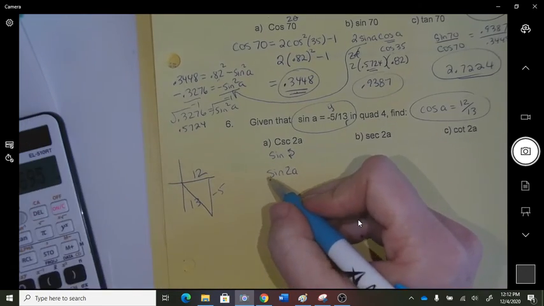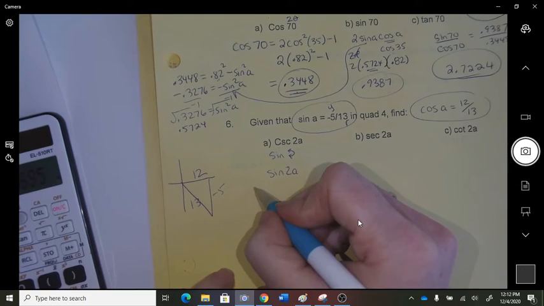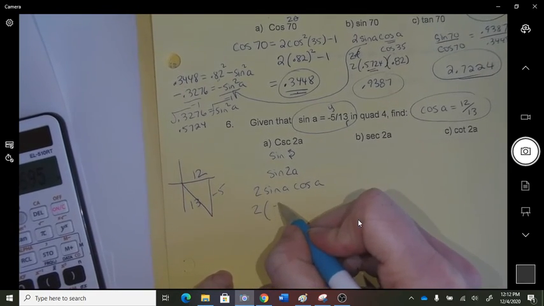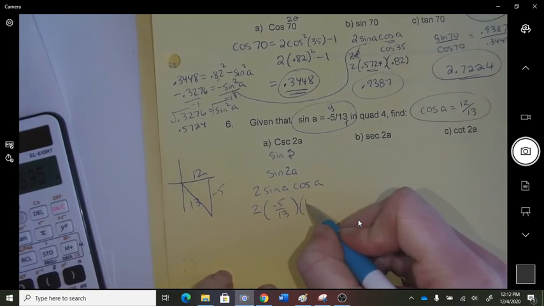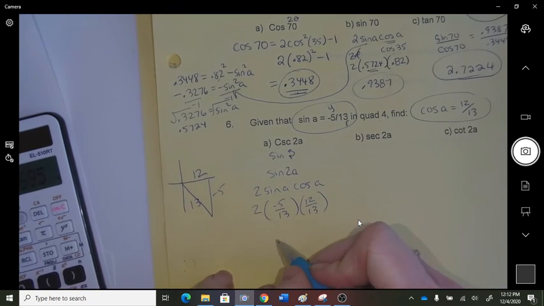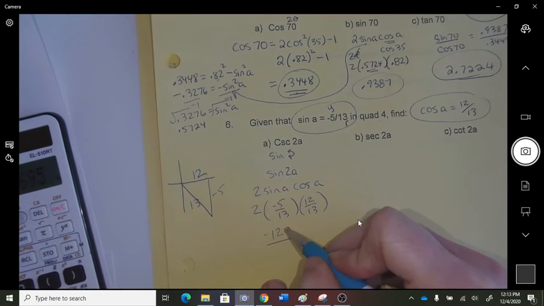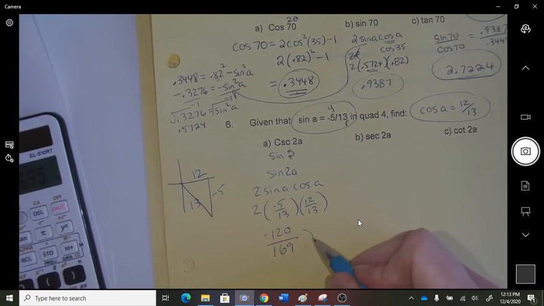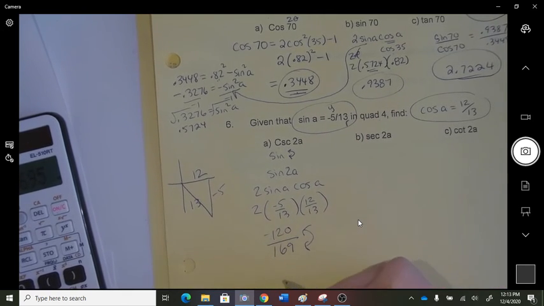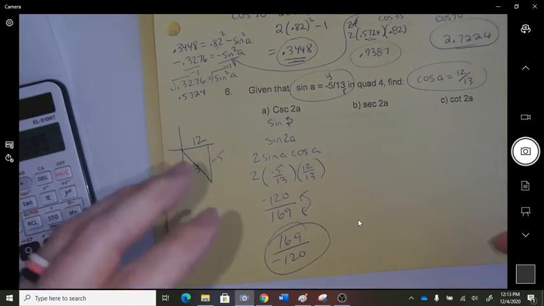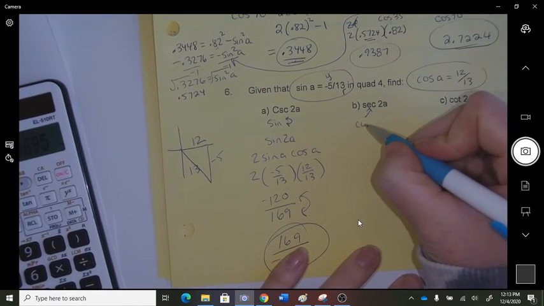Okay, so I'm going to use the formula sheet again. So 2 sine a cos a. So 2 times the sine fraction, the cos fraction. Okay, so when I do that, I get negative 120 over 169. But don't forget, because I'm doing cosecant, need to flip. Okay, same thing here, same strategy.